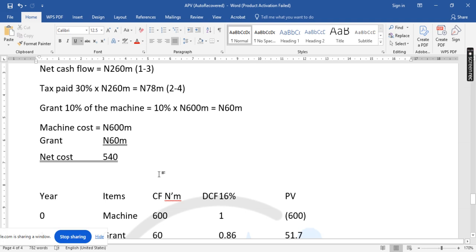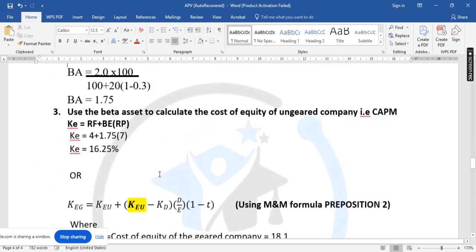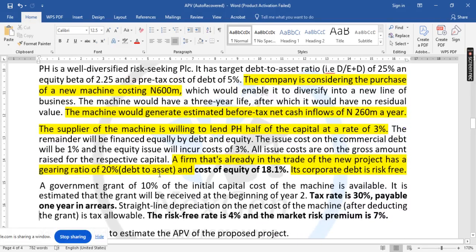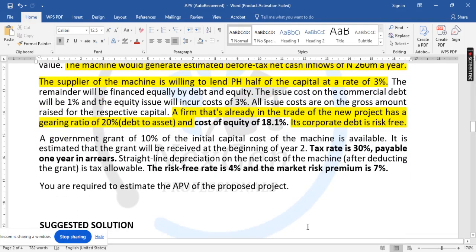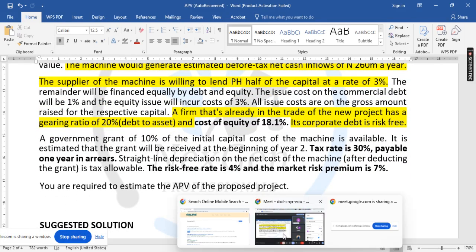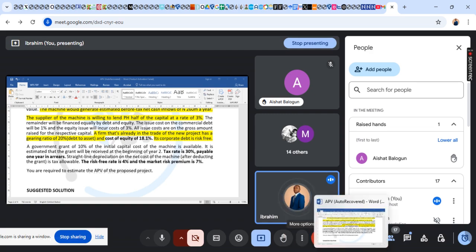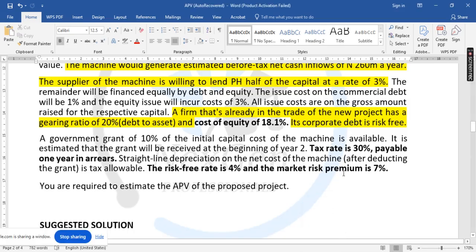Aisha: All right, sir. I don't really understand this part. I don't know why we are removing the grant from the cost, since the total cost is 600 million, and we ought to charge depreciation on the cost. Aisha, see it here.